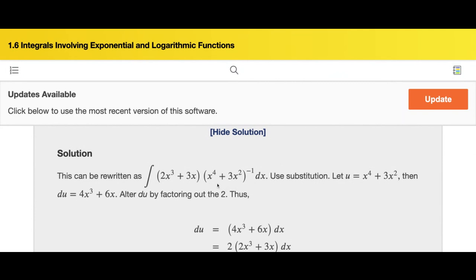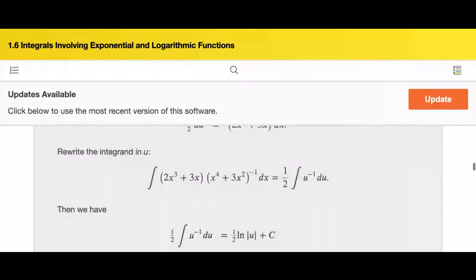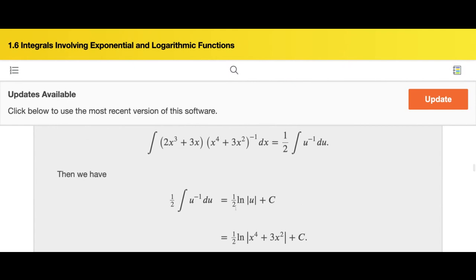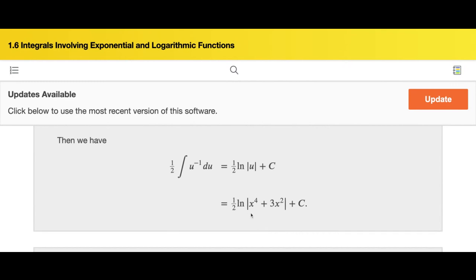Its derivative is 4x cubed plus 6x, which just doubles the numerator. So 2x cubed plus 3x dx is half of du. We get half of u raised to -1, so half of ln absolute value of u. So we get this. Does anyone have any questions?